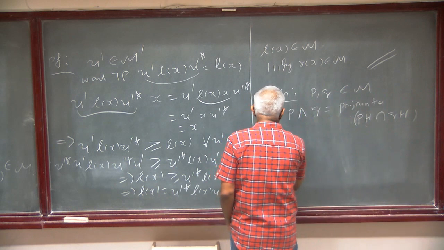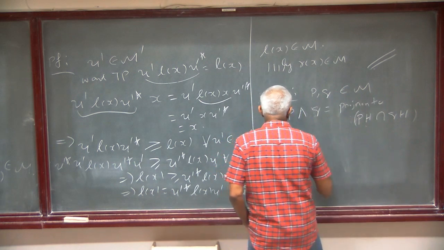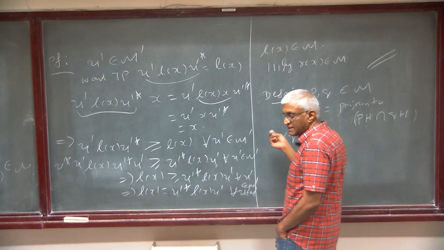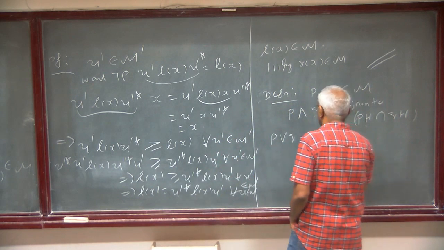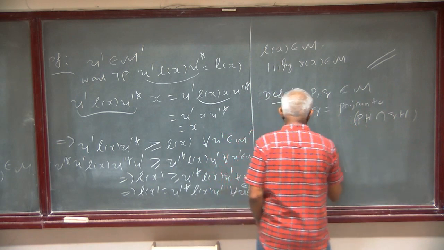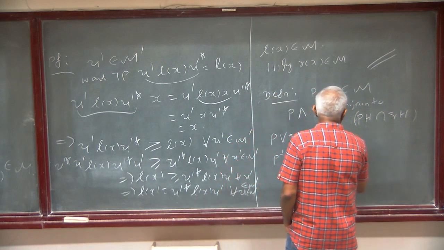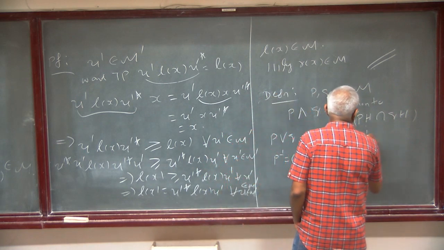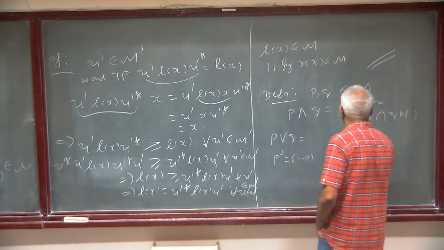I define 1 minus P as the projection onto the orthogonal complement. So let's define P prime equal to 1 minus P, and similarly Q prime.